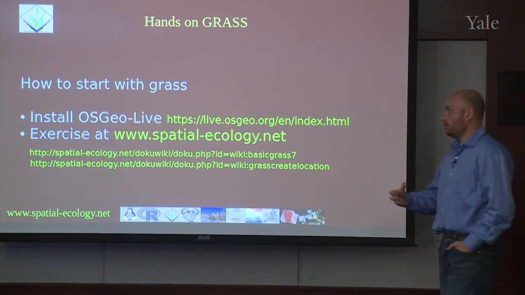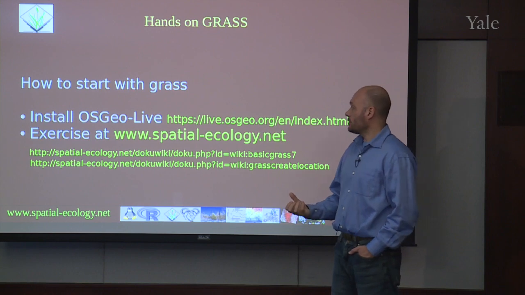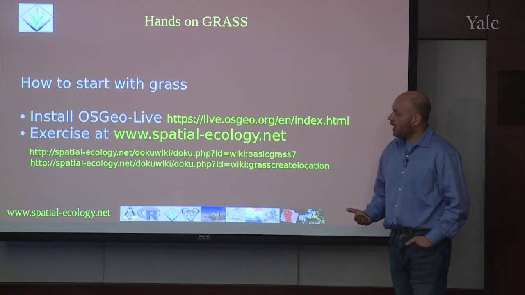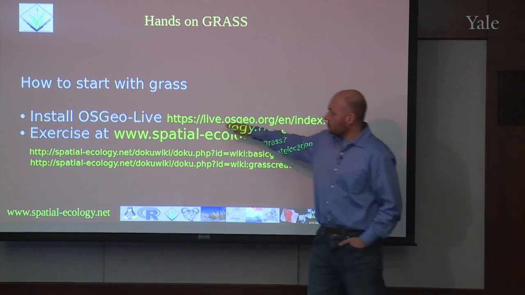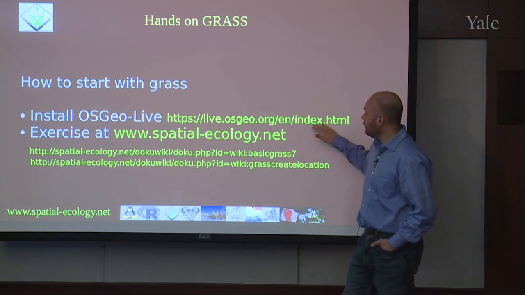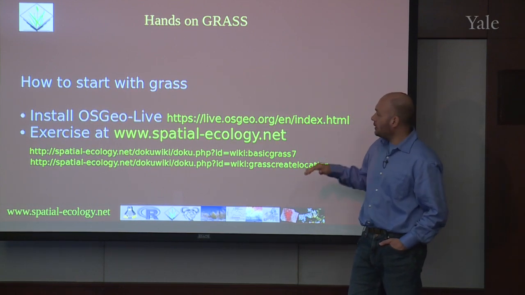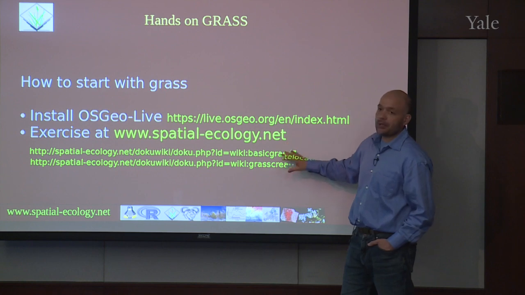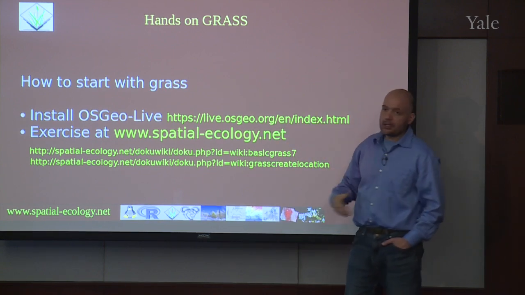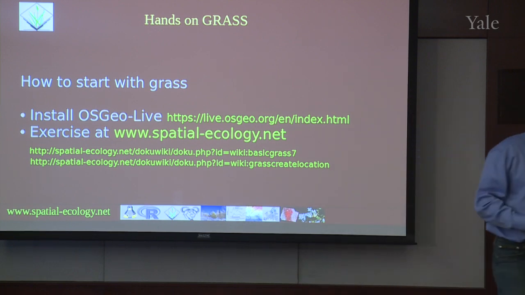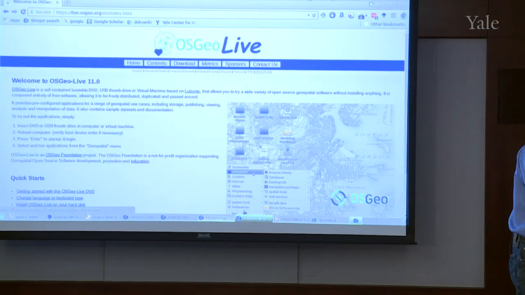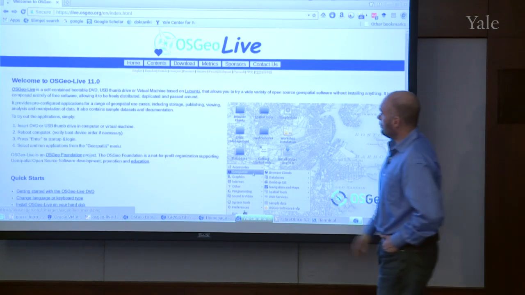So now, from a practical point of view, how are we going to use it and how are you going to start? My advice is always to download a virtual machine from OSGeo Live. Probably all of you already have it, and then follow some exercises that are already built up. The OSGeo Live is a Linux virtual machine that has been built by different developers.